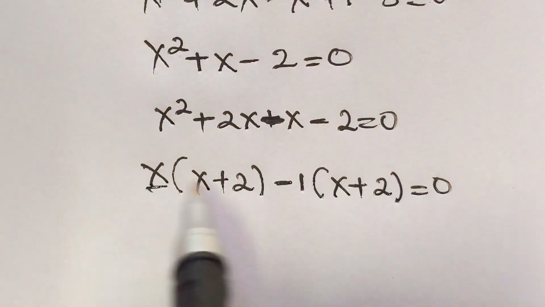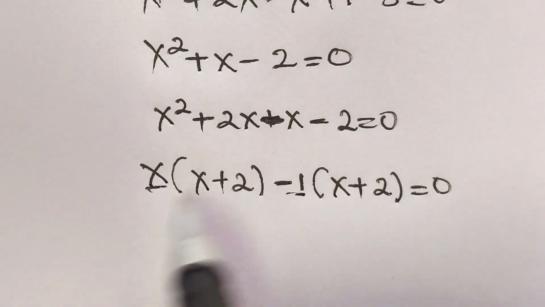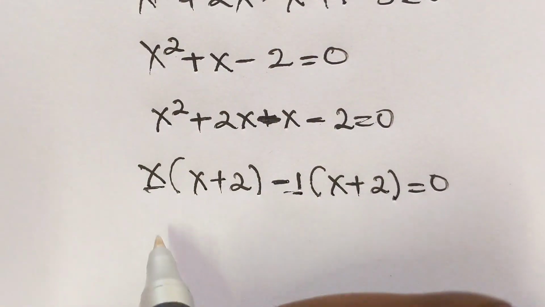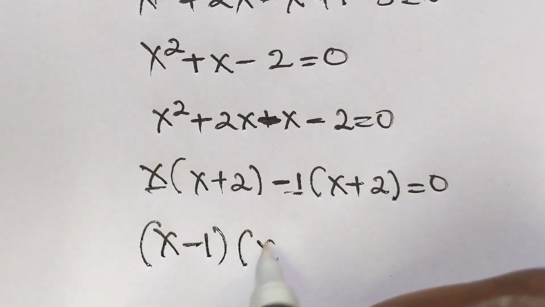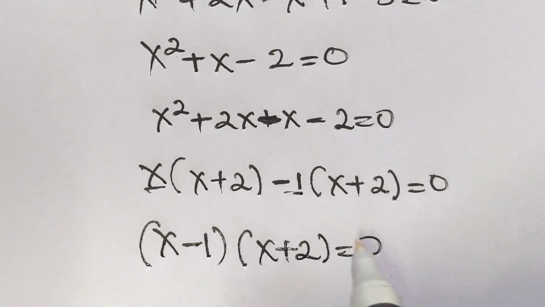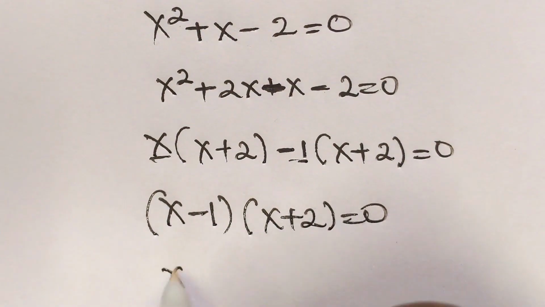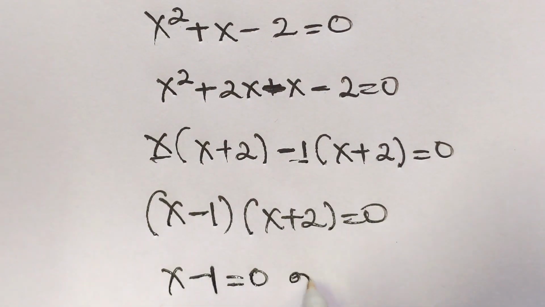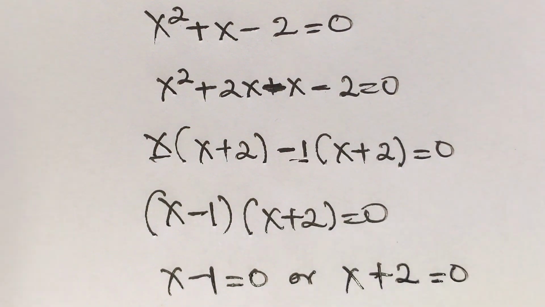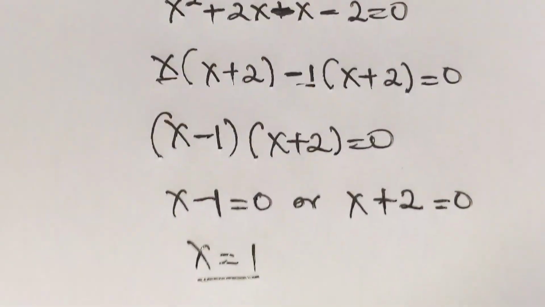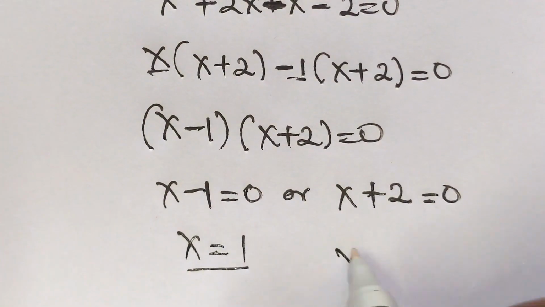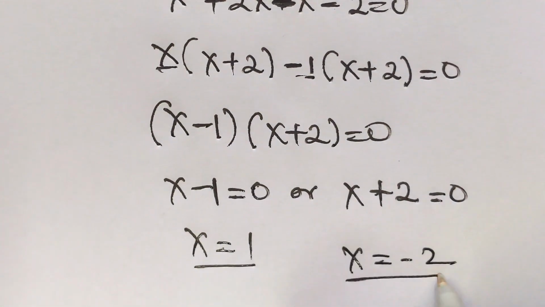Then we group the numbers outside the bracket to get x minus 1 times x plus 2 equals 0, where x minus 1 equals 0 or x plus 2 equals 0. At this stage x equals 1, and x equals negative 2.